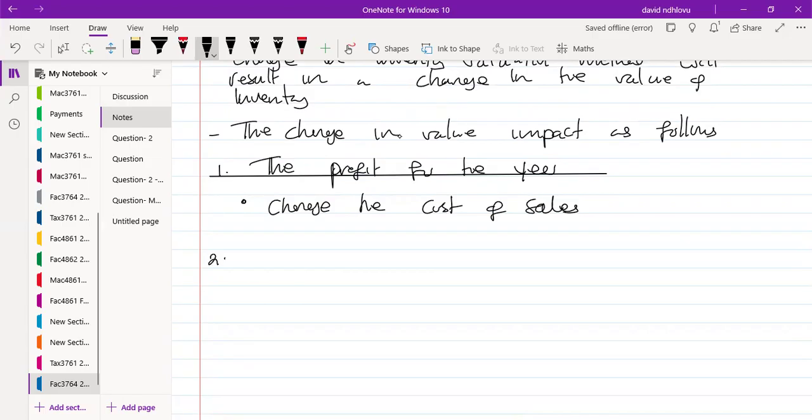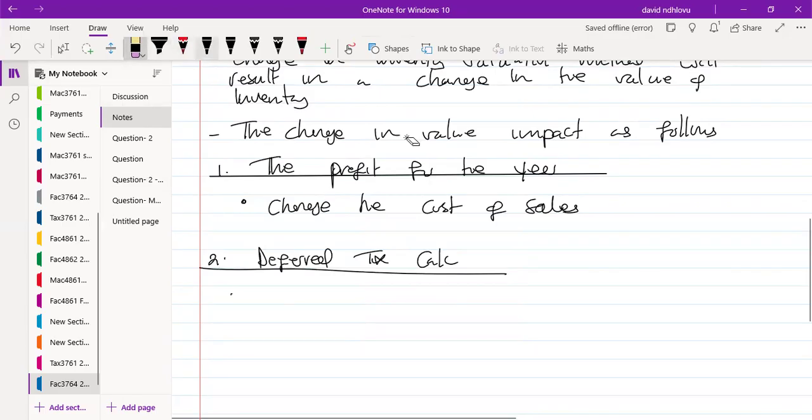It will affect us in terms of the deferred tax calculation. We know that deferred tax comes from differences between the carrying value of assets or liabilities compared with their tax base.